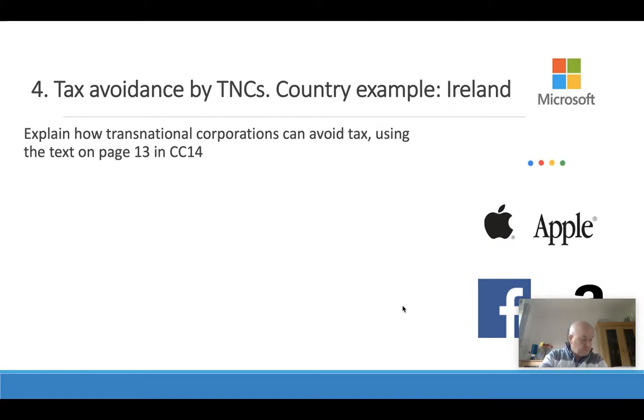Okay, so on page 13 in your booklets, there is an article on transnational companies and tax avoidance, and it talks specifically about the loopholes in the Irish tax system.